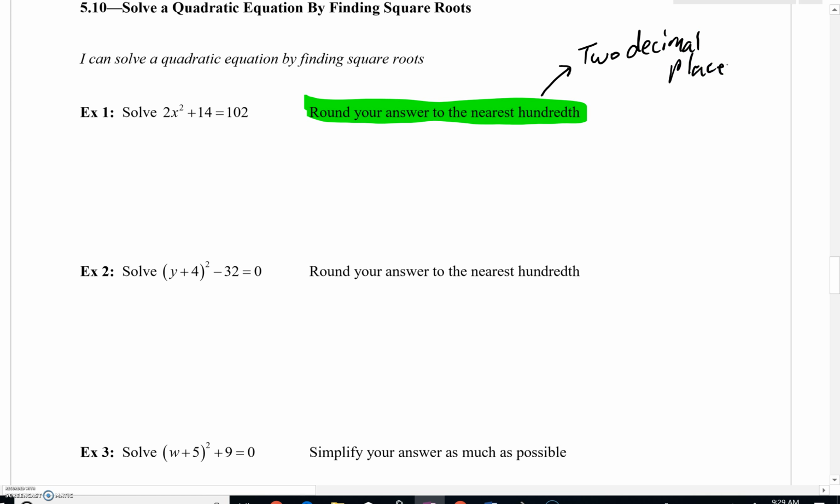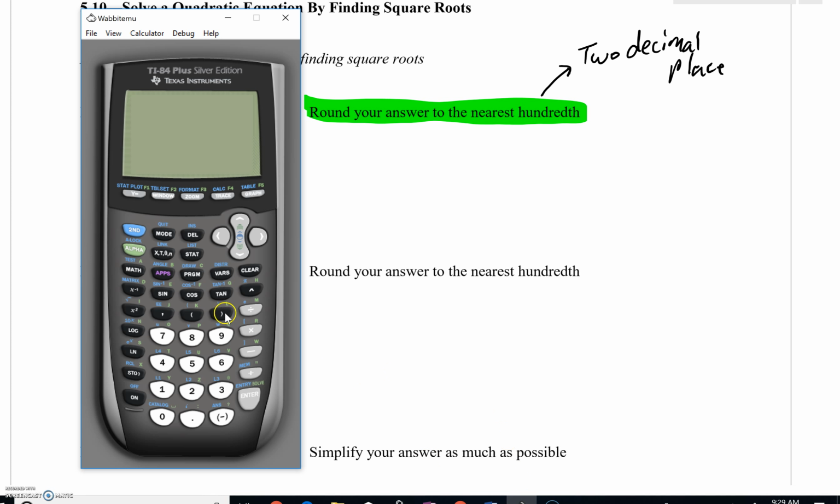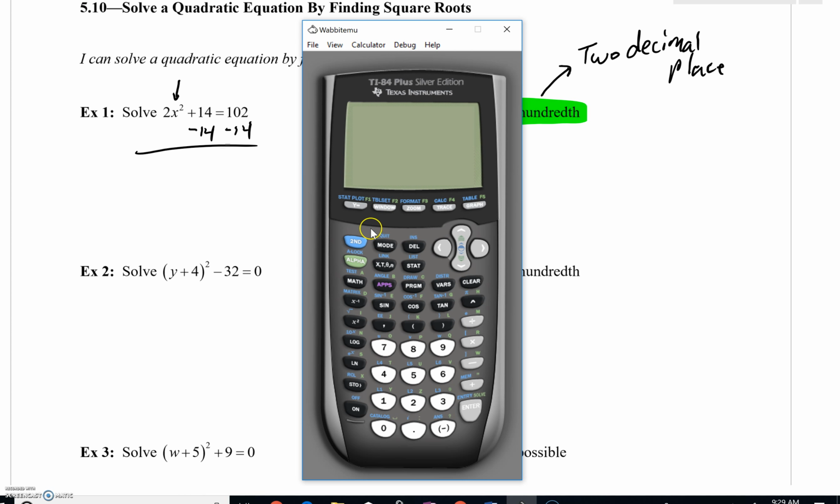So what we're going to do is not have radicals in our final answer here. We're actually going to wind up instead with decimal answers. So get x squared alone. I'm going to minus a 14 from both sides. And of course, we can definitely make use of our calculator here and go 102 minus 14.